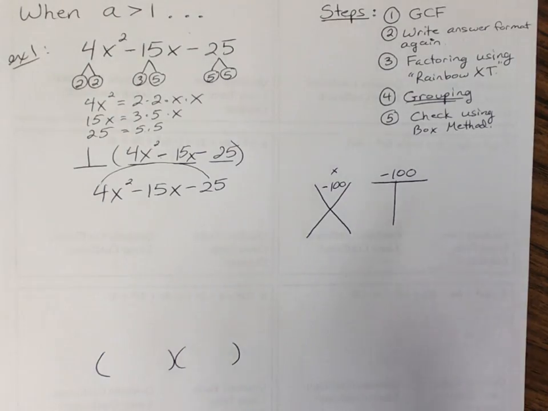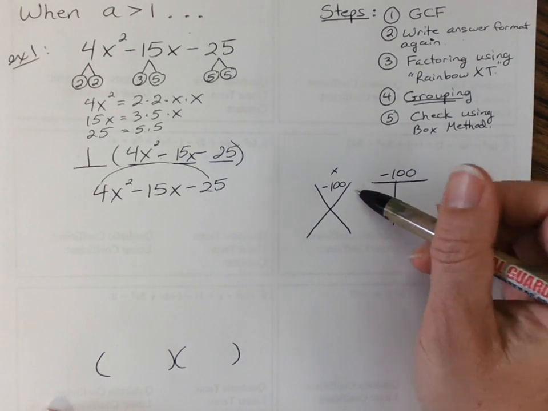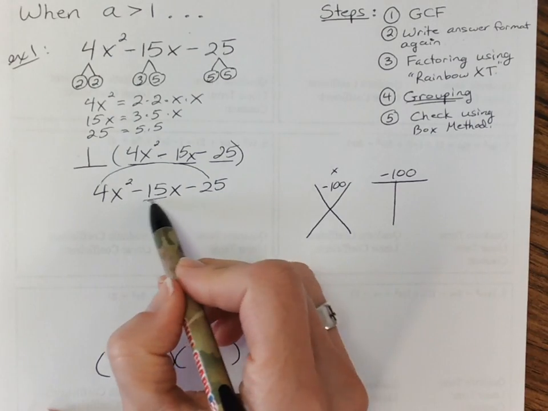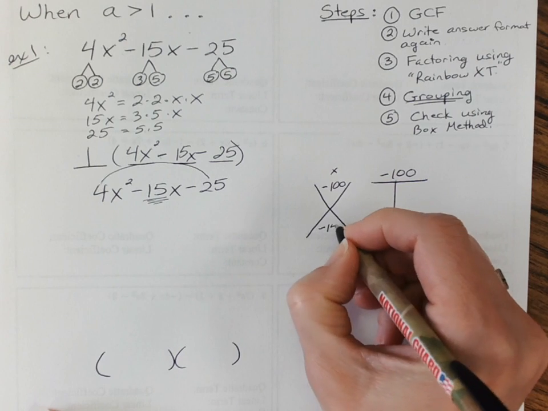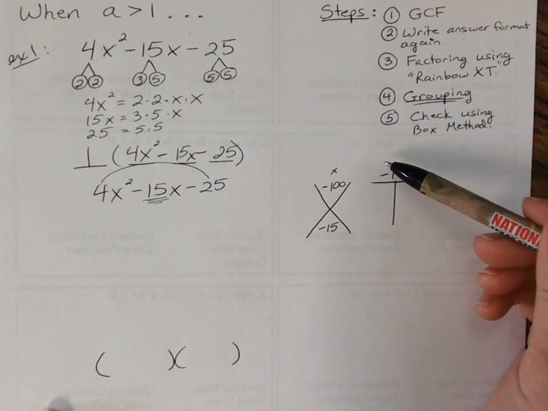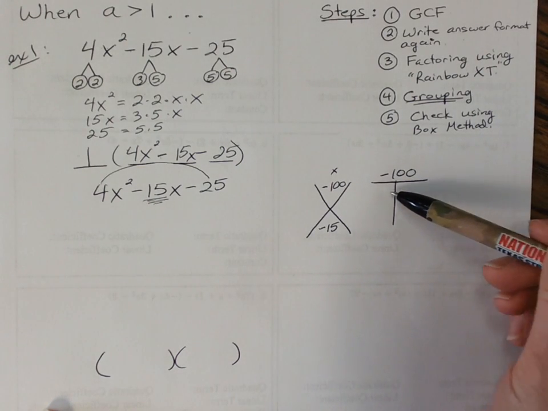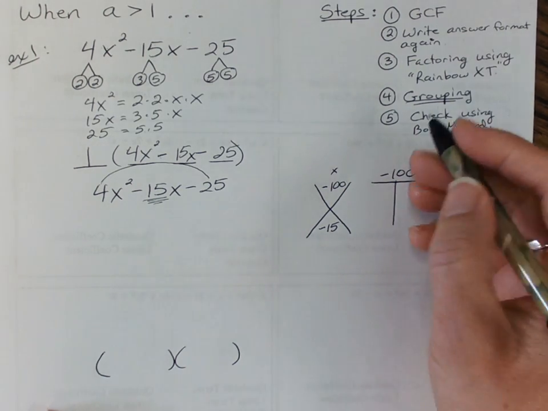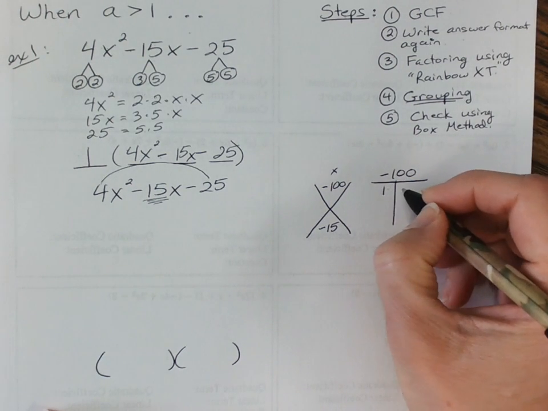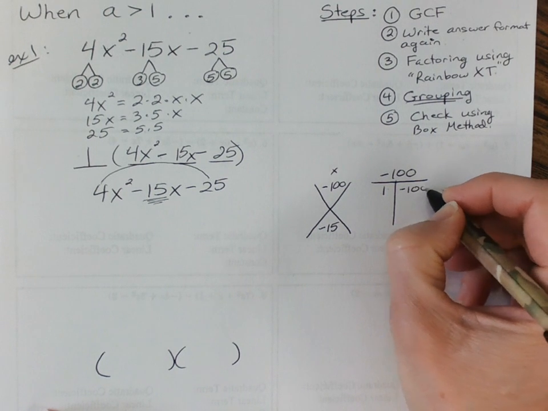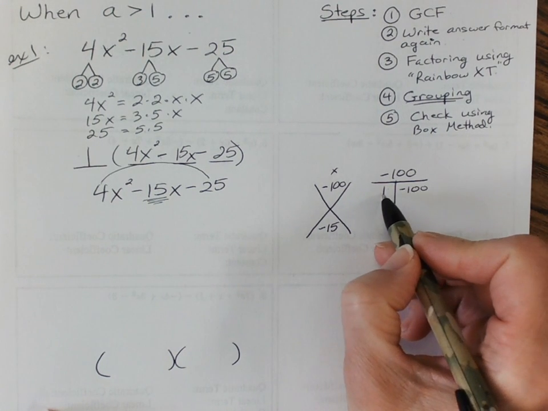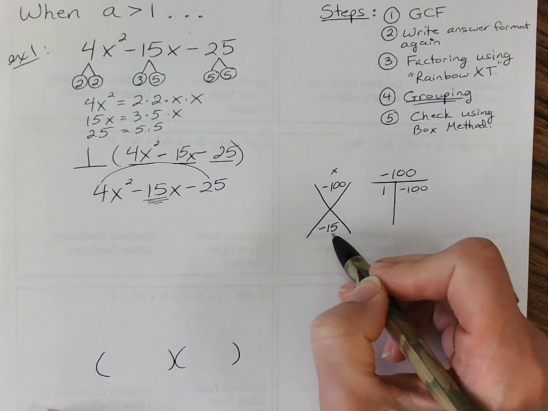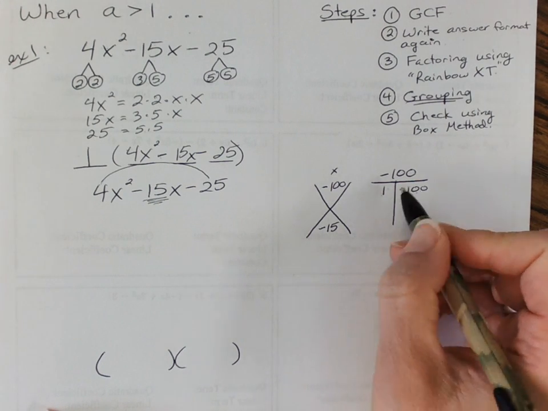Okay, sorry about that. So that's my product value, and then here's my B value, which goes on the bottom, negative 15. Okay, well, I have no idea which factors of negative 100 are going to add up to negative 15. So let's just try some things. So always start with 1. 1 times negative 100 equals negative 100. 1 plus negative 100 does not add up to negative 15, so that doesn't work.